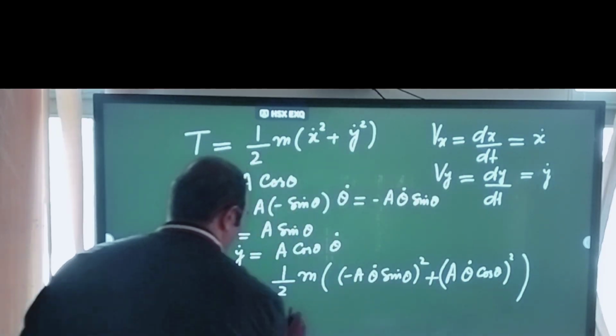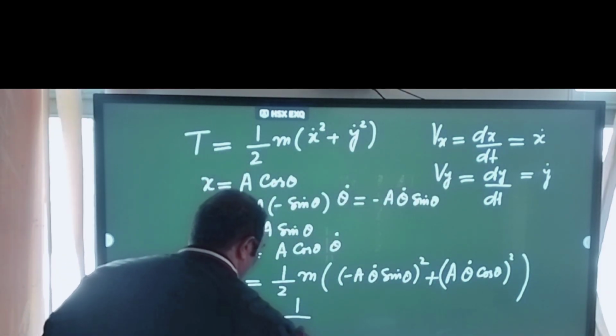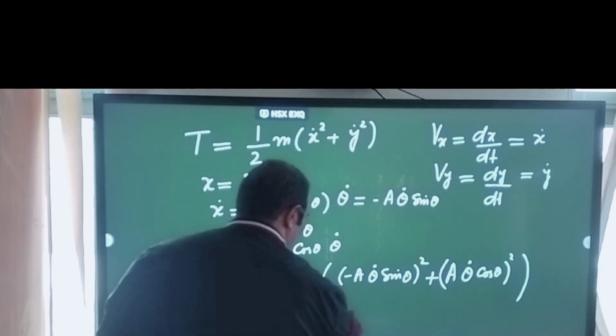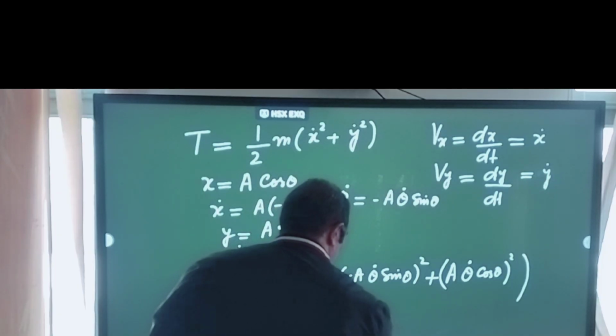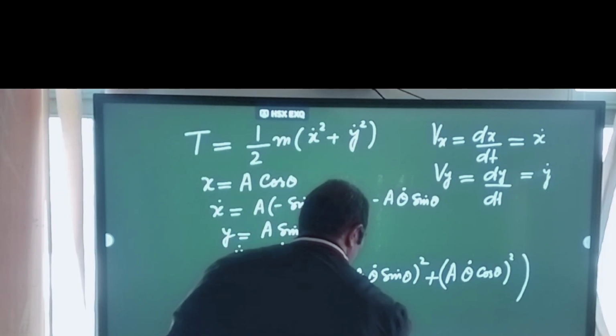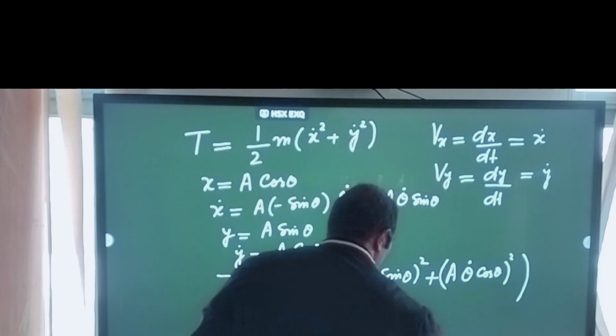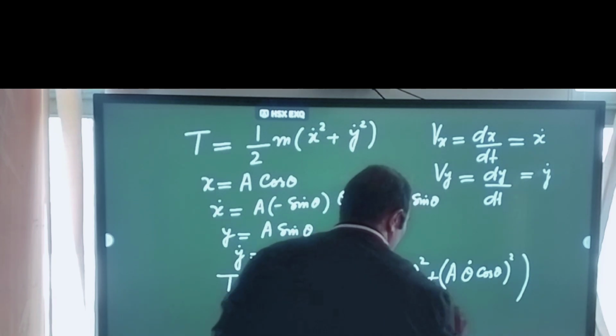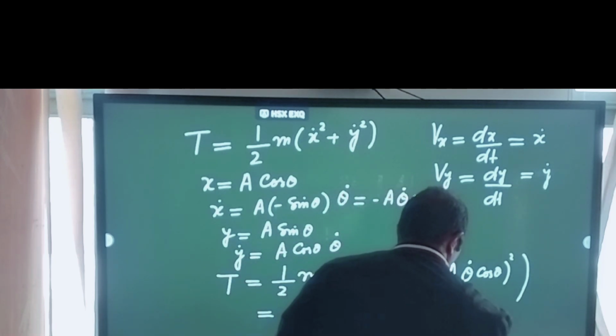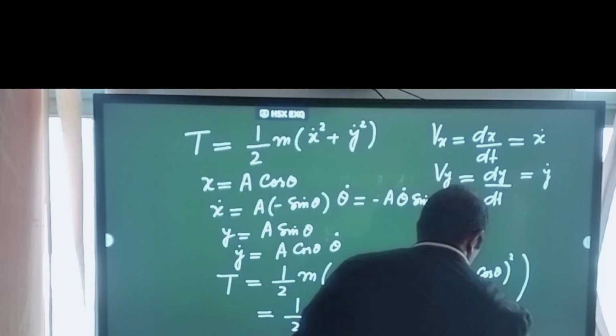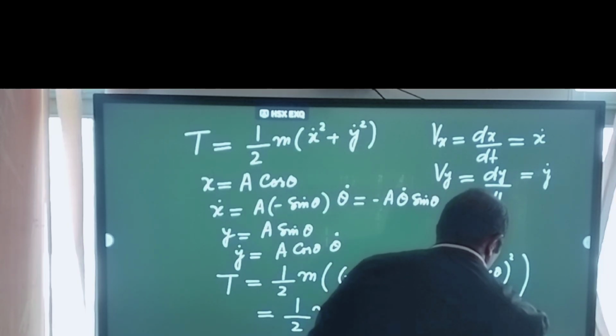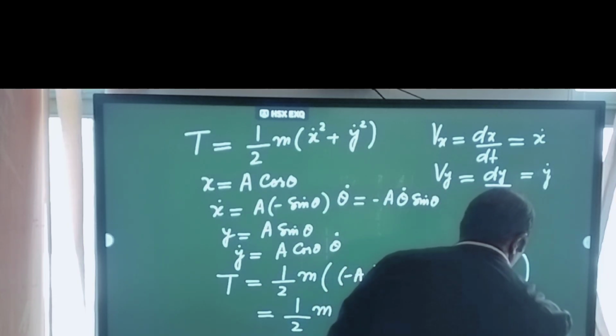Okay. This will be equal to 1 by 2 m into a square theta dot square sin square theta plus a square theta dot square cos square theta.